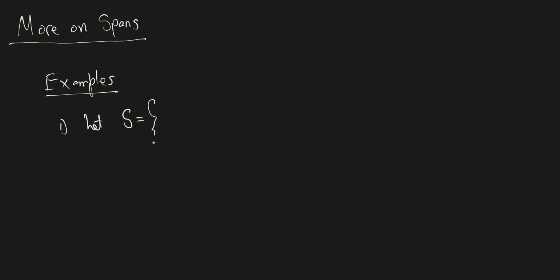So let S be the set of these vectors: (2, -1, 1) and (1, 0, -1). And then here is what we're asked to do.